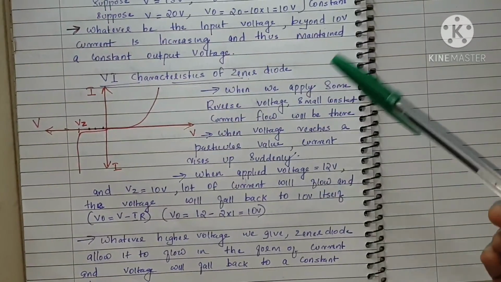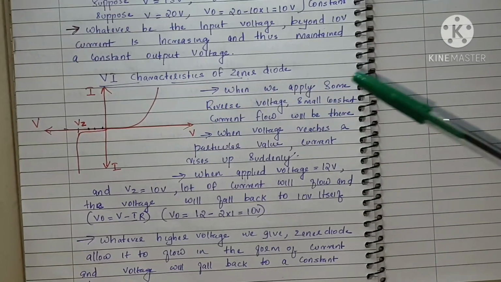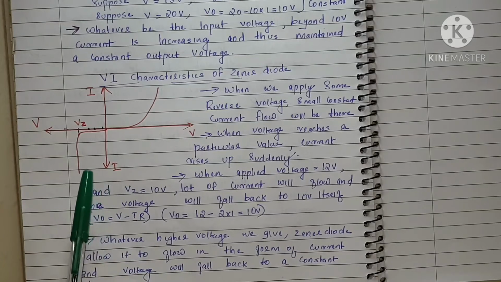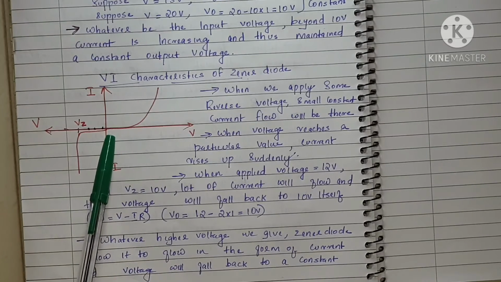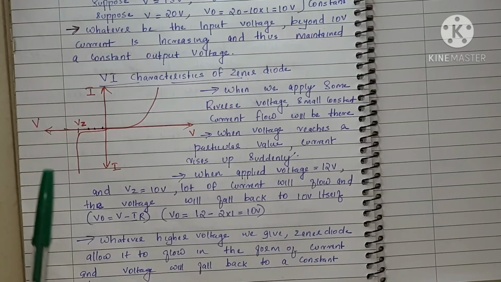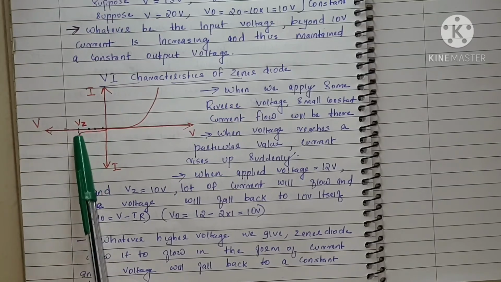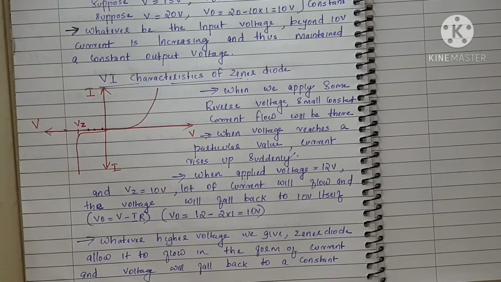Next we will discuss the VI characteristics of the Zener diode. When we apply some reverse voltage, a small constant current flows due to minority carriers. When the voltage reaches a particular value, the current rises up suddenly. Suppose the applied voltage is 12 volt.